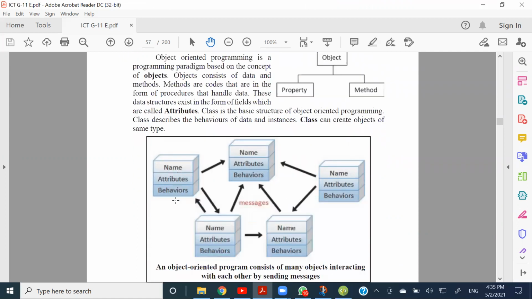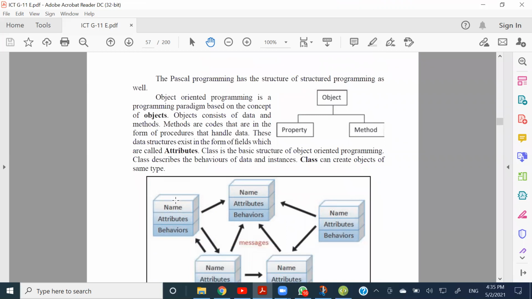Now they have given you a nice picture regarding the object-oriented program. There are two types of things: properties and methods. Object has properties, object has methods. If you take a student as an object, the properties they have are how tall they are, what the hair color is, what the eye color is, those kinds of things.